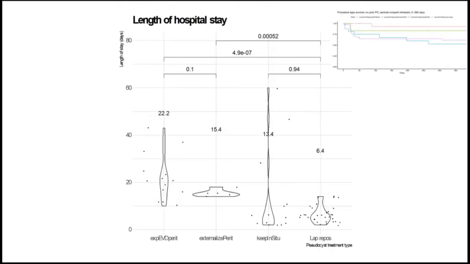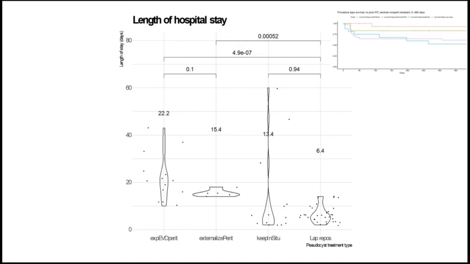So this is looking at the length of hospital stay for these patients. Each approach, so externalize EVD peritoneal reimplant is on the left, followed by externalize, some version of keeping in situ, and then lap repositioning is on the right. These shapes just represent the distribution of the length of stay of these patients, and then the bars on top represent the p-values from a Mann-Whitney test comparing the length of stay.